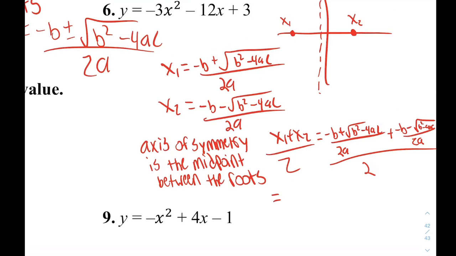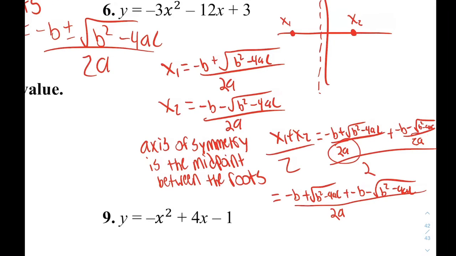And what this is all equal to is negative b plus square root b squared minus 4ac plus negative b minus square root b squared minus 4ac divided by 2a. Since both of them had 2a on the bottom, I just combined them both to be one fraction.